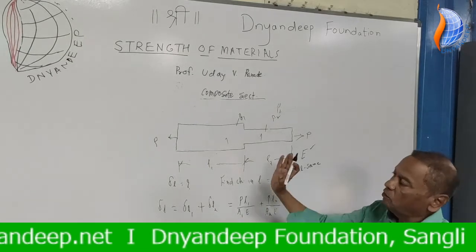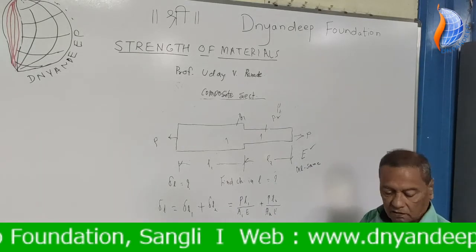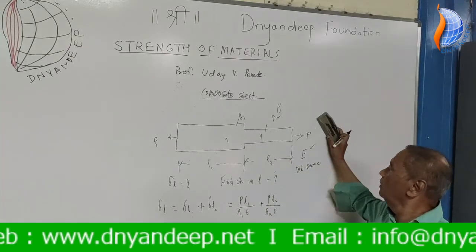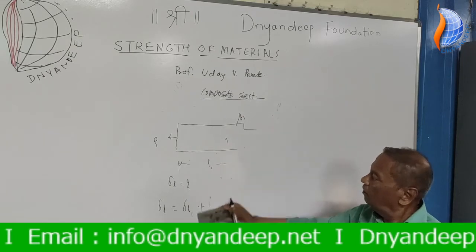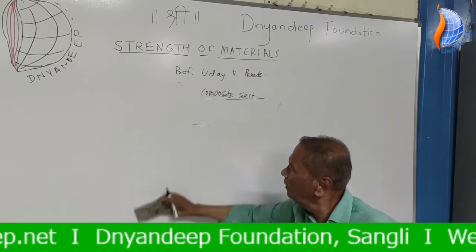So like that, if cross sections are different, for example, I'll just give you the figure. Now you have understood how to find change in length. There can be change in length for different areas of cross section.